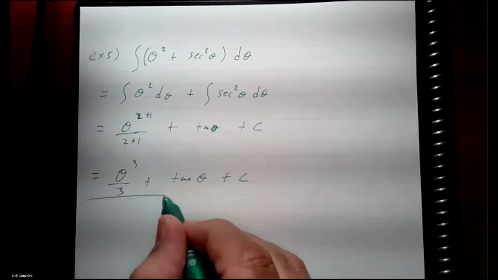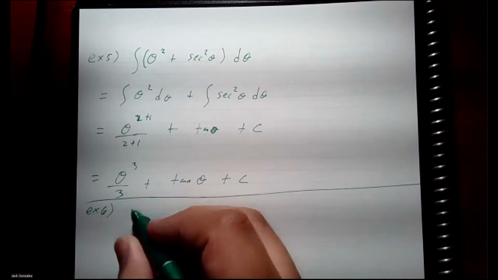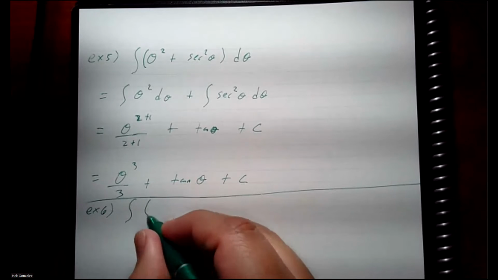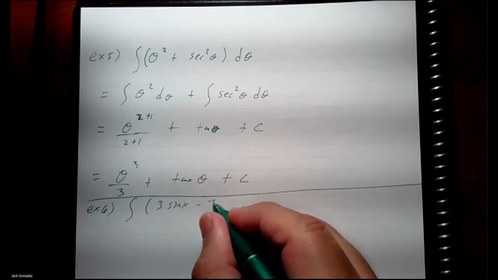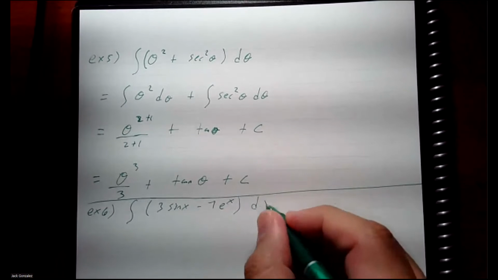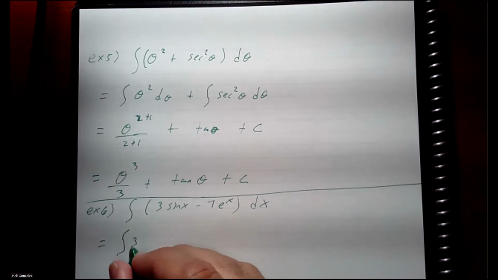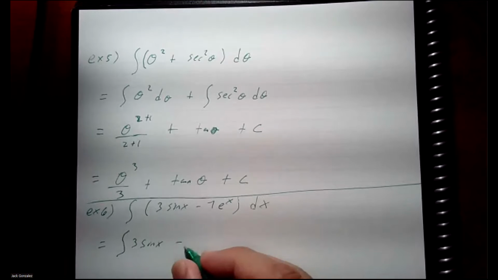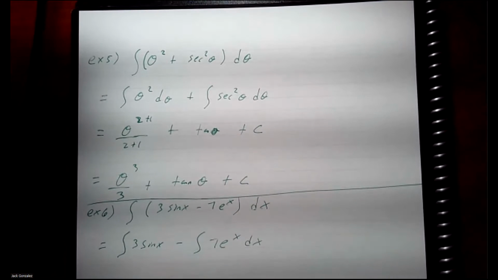All right, so let's do one last one for this section. Integral of 3 sine x minus 7e to the x dx. So first step is create separate integrals and then pull out the numbers.